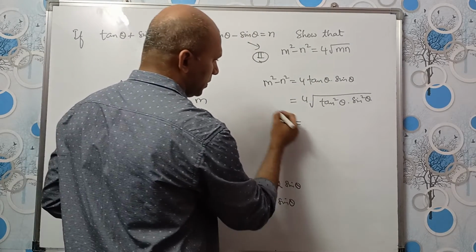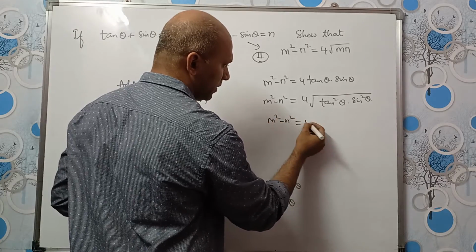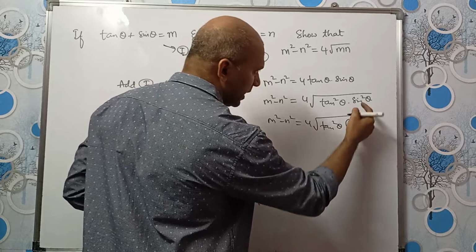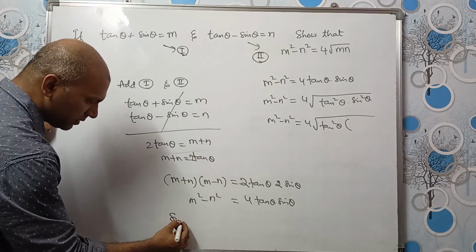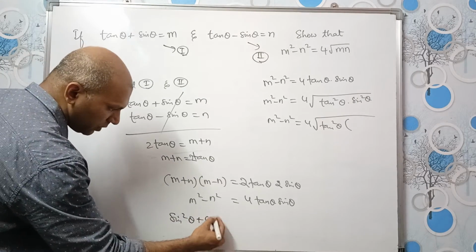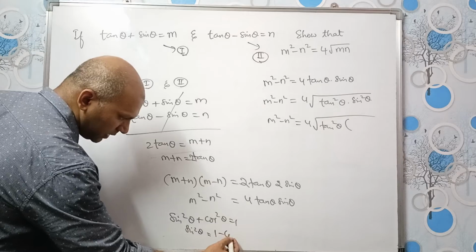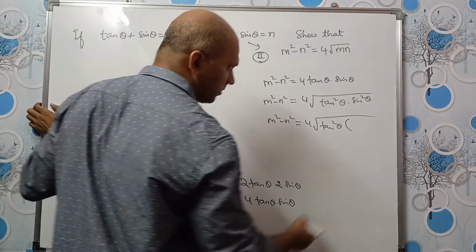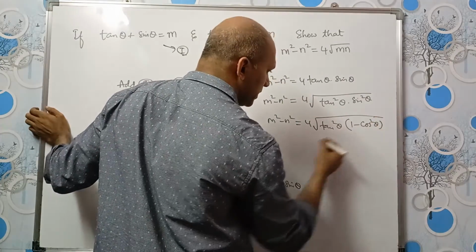So this is equal to how much? M square minus n square, 4 multiplied by tan square theta. And what is sin square theta? See, we have an identity. Sin square plus cos square is equal to 1. So in place of sin square, we can write 1 minus cos square theta, right? Cos square, if you send on the other side, 1 minus cos square. So in place of sin square, we are writing 1 minus cos square.